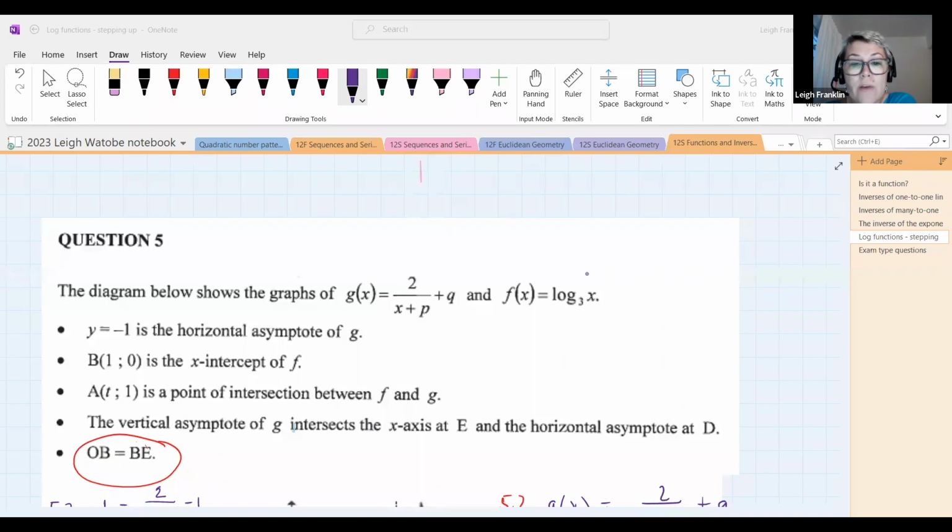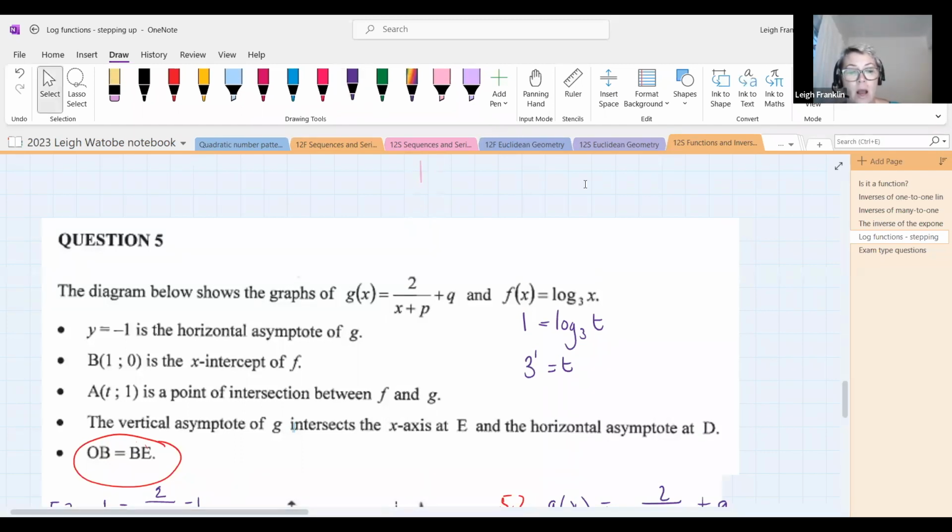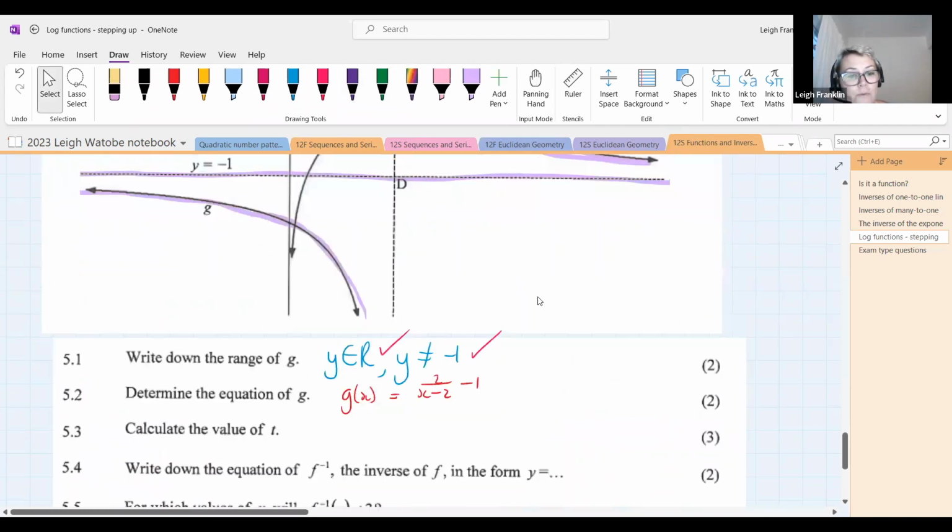So you could say 1 equals log base 3 of t. And then you could use your exponential form. So base 3 to the power of 1 is equal to t. That's even quicker, isn't it? That would be a perfectly acceptable way of doing it as well.